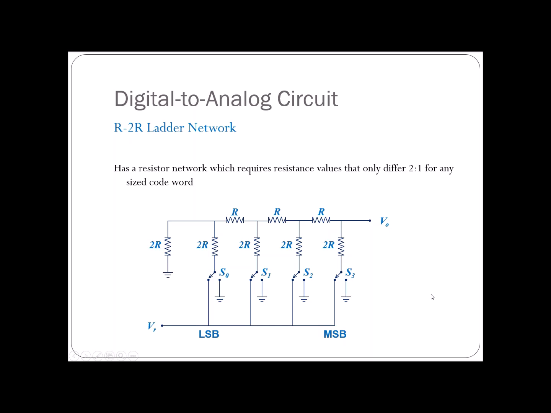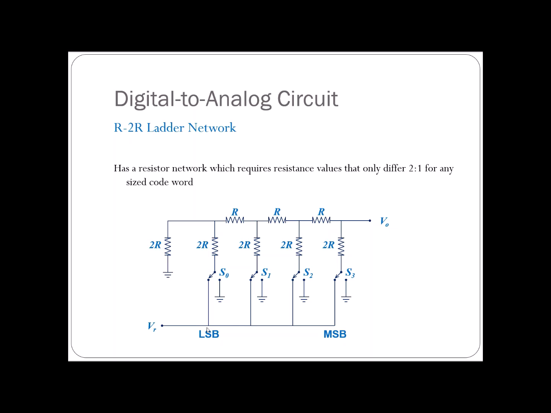Okay, and then each of the bits, each of the digits in your binary code, is connected to this branch. From the MSB, the last one, to the LSB, the first one.